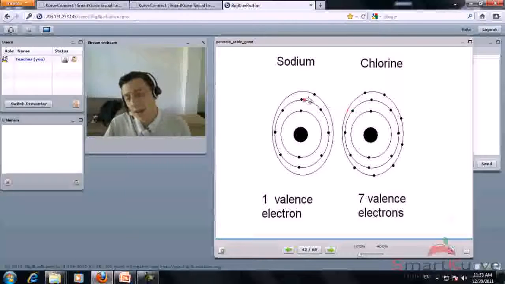And that sodium has 1 electron that it wants to give away, so that it can have 8 in its outer shell here. So what happens? Chlorine has 1 space. It wants to receive an electron. The sodium has 1 extra electron. It wants to give that away.